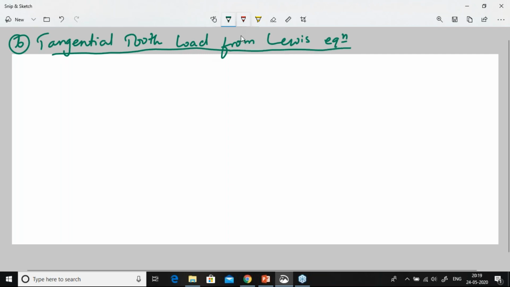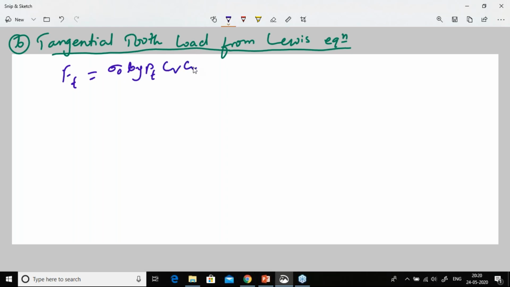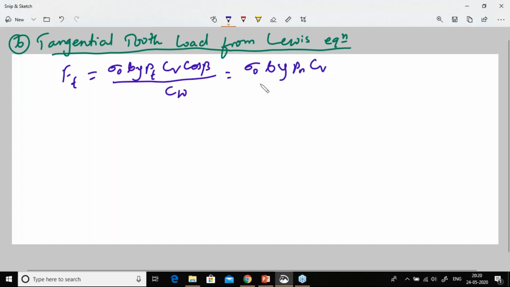We have Lewis's equation, that is Ft is equal to sigma naught by Pt Cv cos beta divided by Cw. By modification, it can be written as sigma naught by Pn Cv divided by Cw.